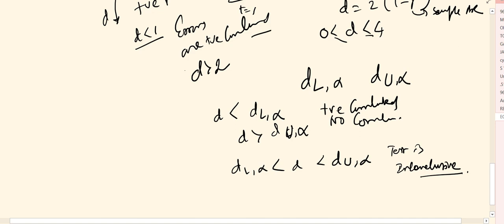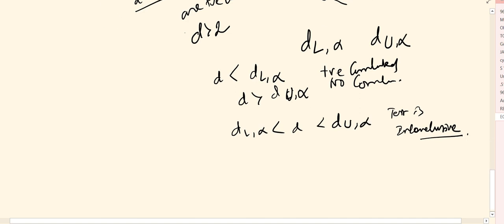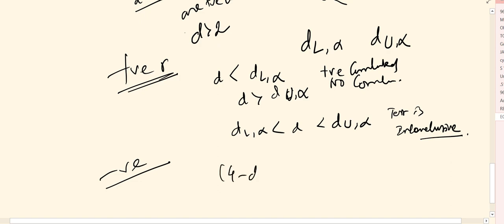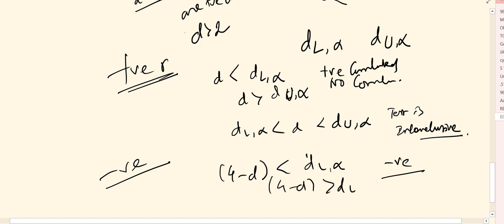Now this was all for positive correlation. For negative correlation, 4 minus D is compared. If 4 minus D is less than DL alpha, there is a negative correlation. If it is greater than the upper limit DU alpha, there is none.